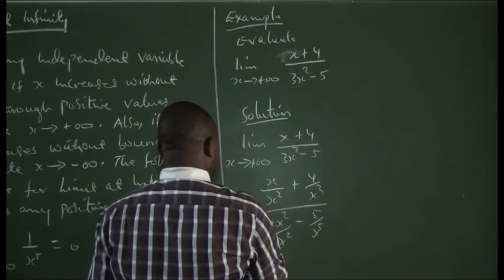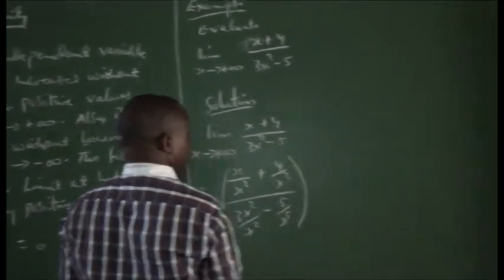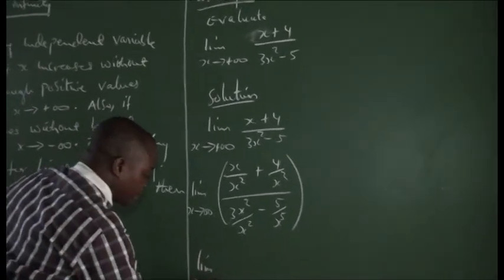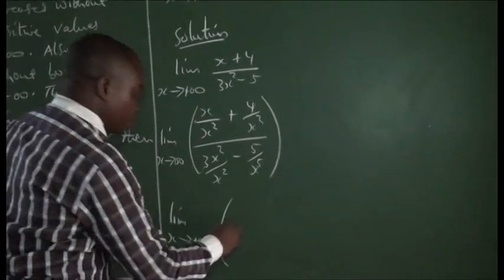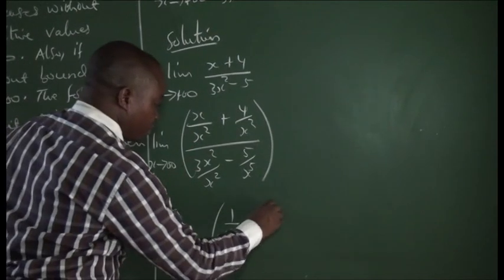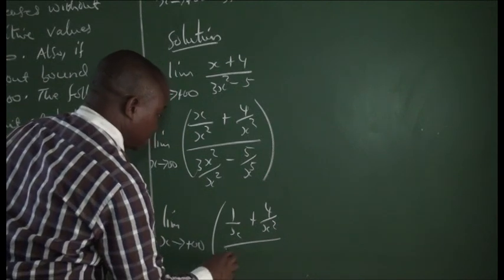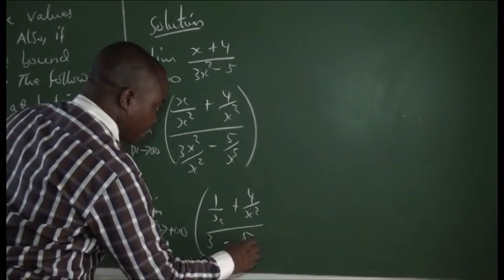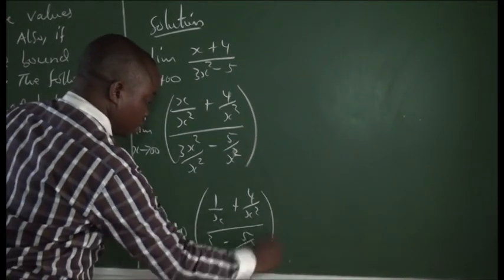Now, the limit of this as x approaches infinity will give us the limit as x approaches positive infinity of 1 over x plus 4 over x squared, over 3, because this cancels this, minus 5 over x squared.